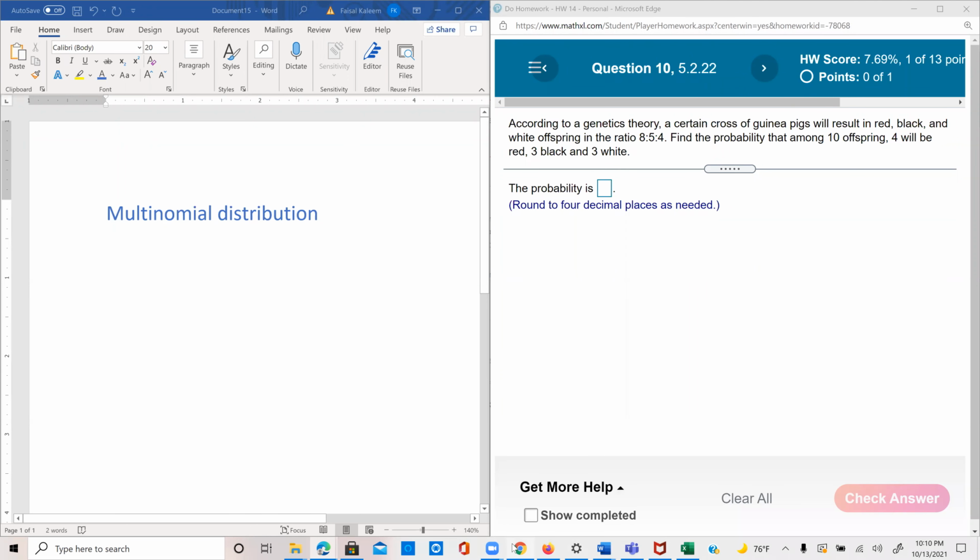Multinomial distribution. Suppose there are n objects. In binomial, you have two kinds of objects. The way we described it was that there are n trials and every trial has two possible outcomes.